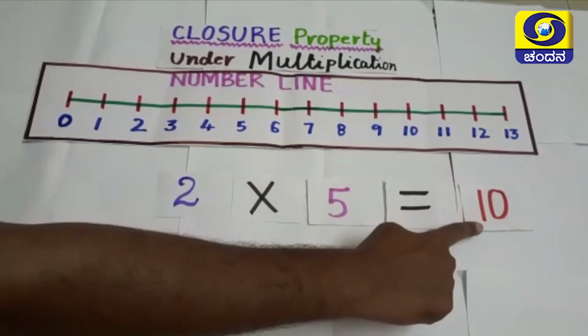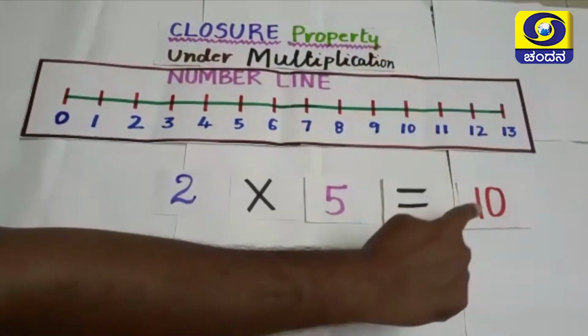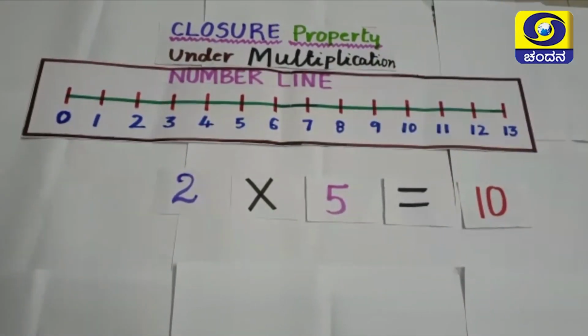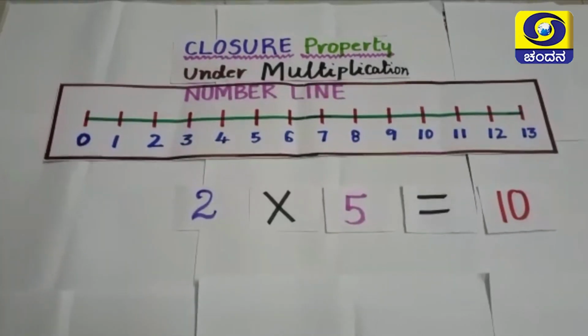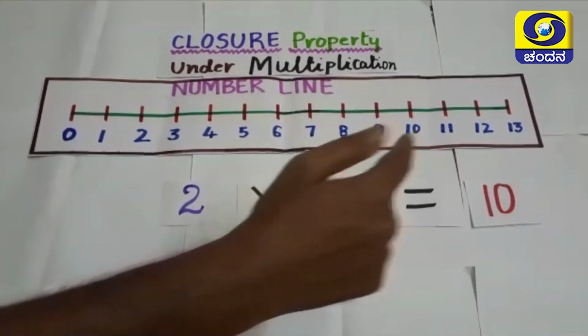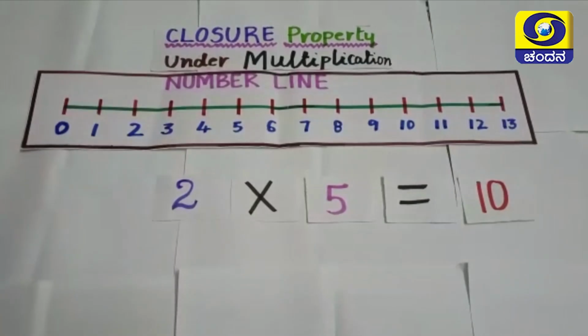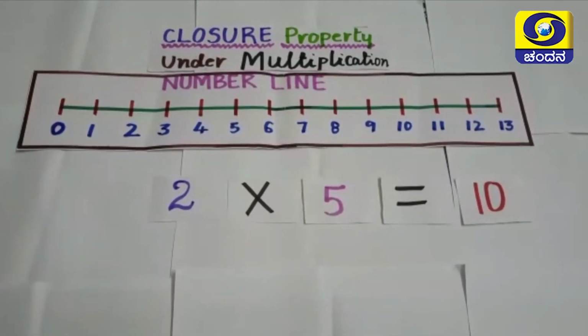So, 10 is a number which is also present in the number line. So, 10 is also a whole number. Is it correct, children? So, by this we can state that on multiplying any two whole numbers, the product is still a whole number. I hope you have understood the closure property under multiplication, children.